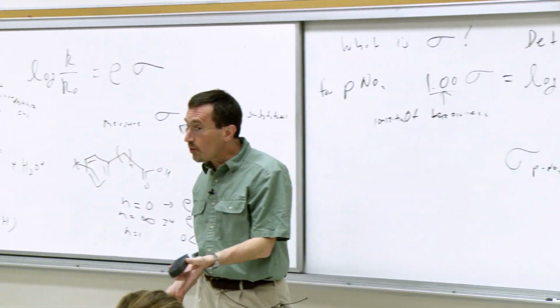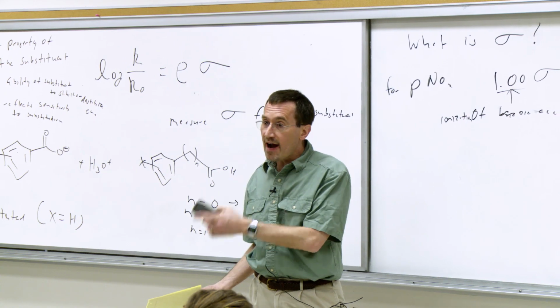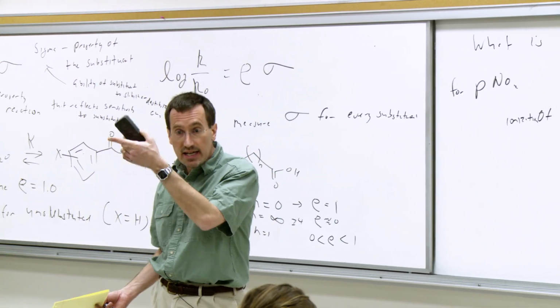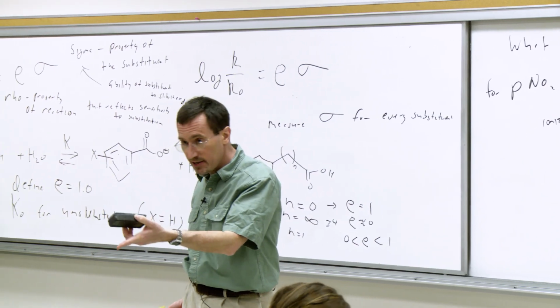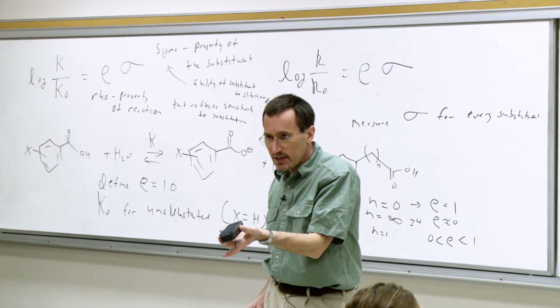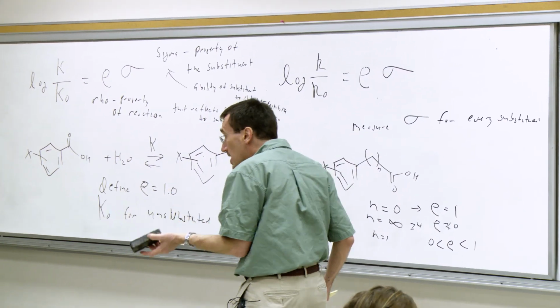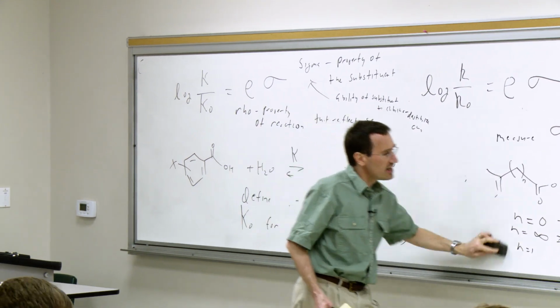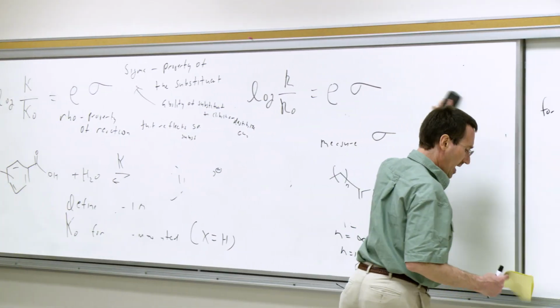And that's a fancy way of saying a paranitro group acidifies benzoic acid, increases the acidity of benzoic acid by 0.78 pKa units.